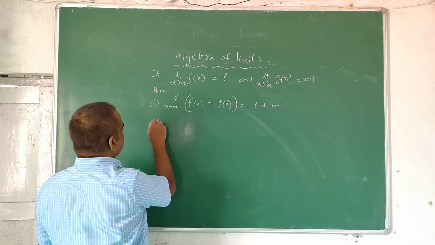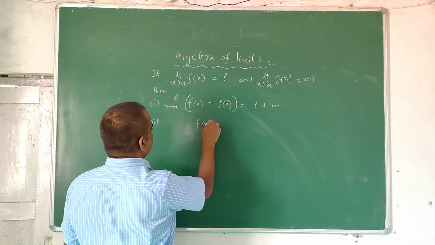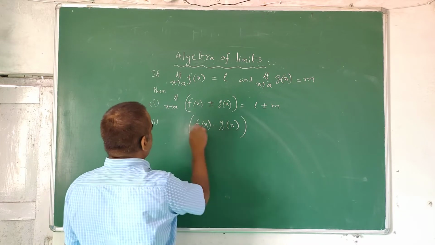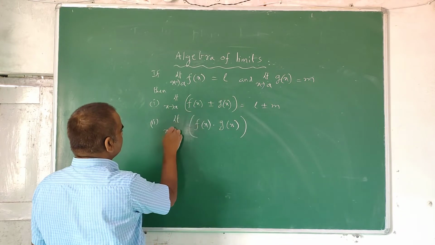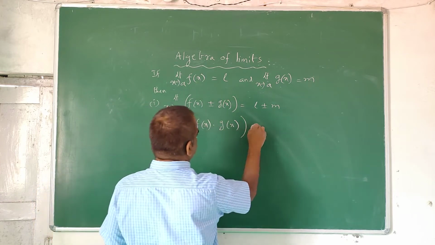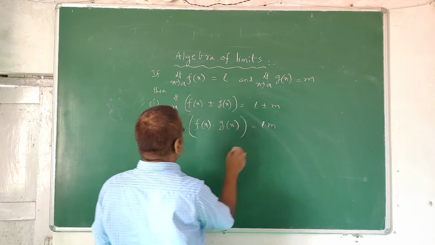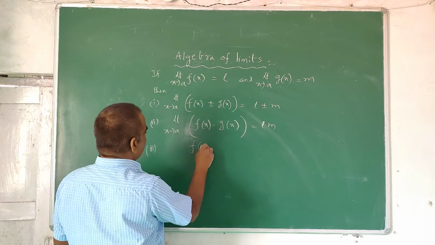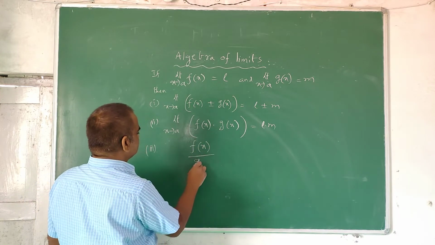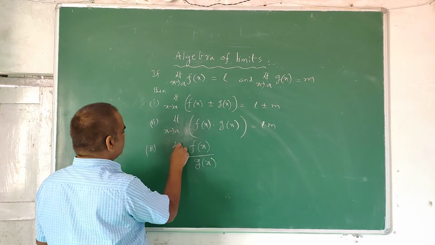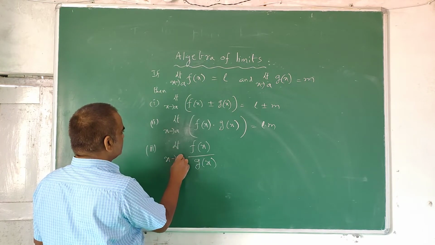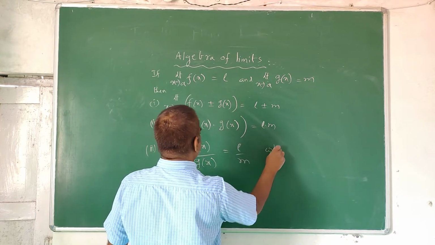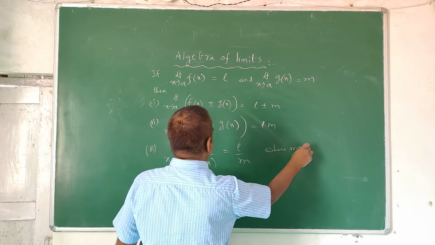The second property is the limit as x tends to a of f of x into g of x, which is equal to L into m. Number 3, the limit as x tends to a of f of x by g of x is equal to L by m, where m is not equal to 0 in this case.